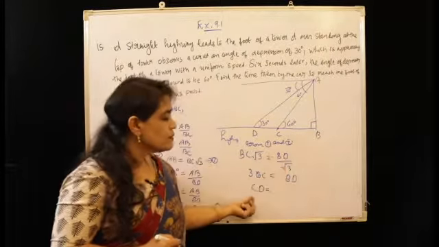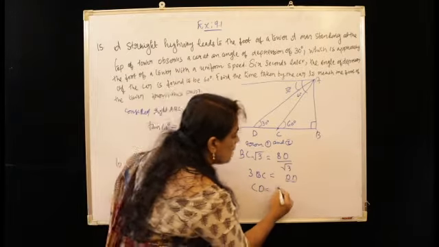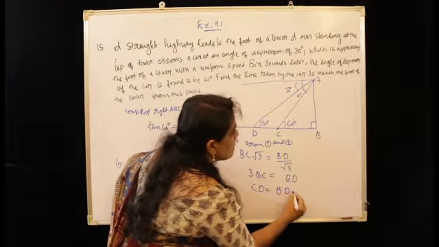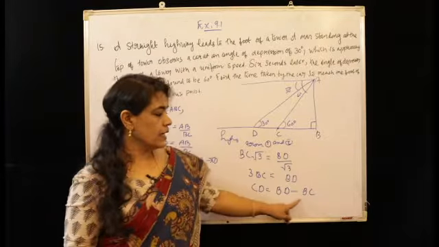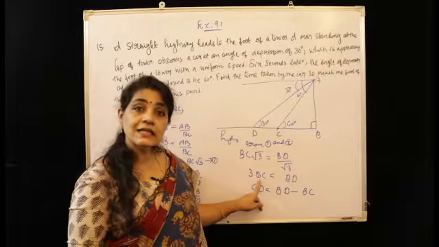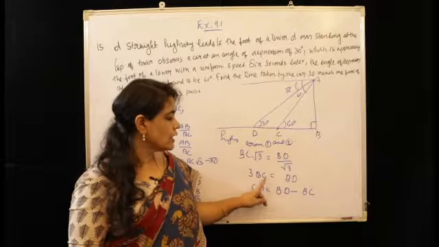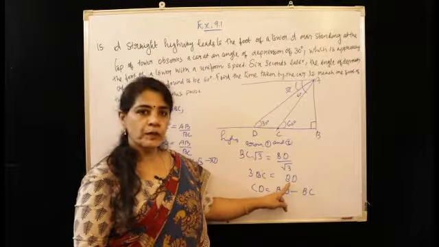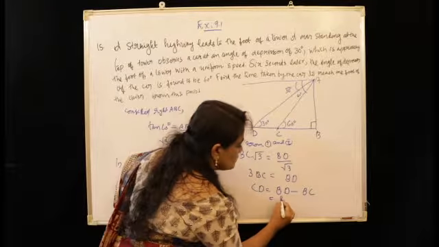In terms of CD, from the figure, CD is equal to BD minus BC. And here children, by comparing equation 1 and 2, you got 3 BC equal to BD. So I am going to substitute here BD as 3 BC.